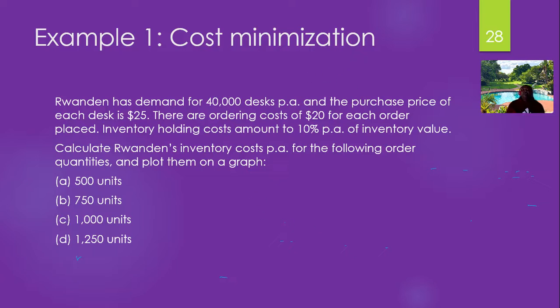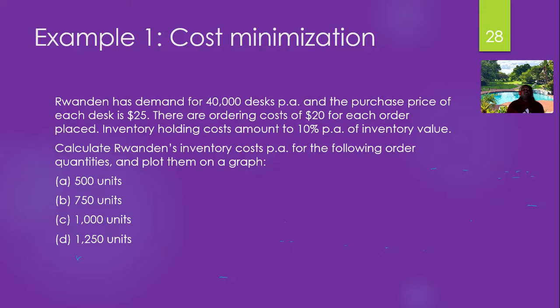We're having this question, ladies and gentlemen, where we have got a demand of 40,000 desks per annum, and the purchase price of each desk is $25. Their ordering cost is $20 for each order placed.